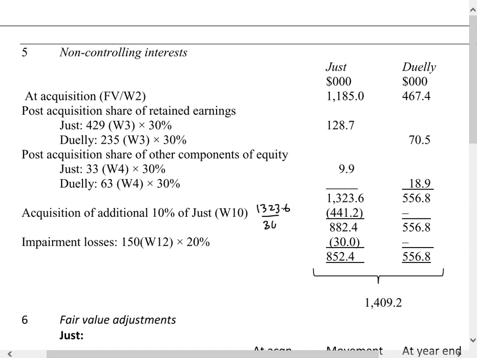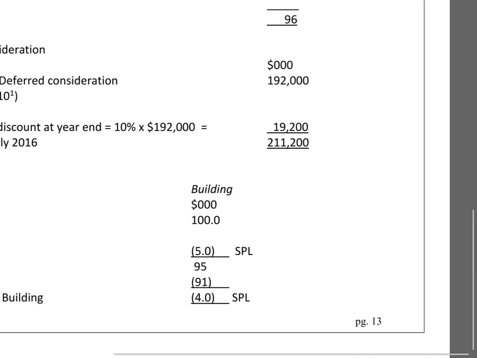1323.6 is 30, so divide by 30 times 10. How much did I pay for this 10%? 420. I pay less. I'm acquiring 10%, and I pay only 420. So I actually take a gain. So are we going to increase our retained earnings? Yes. Double entry. Where is it?